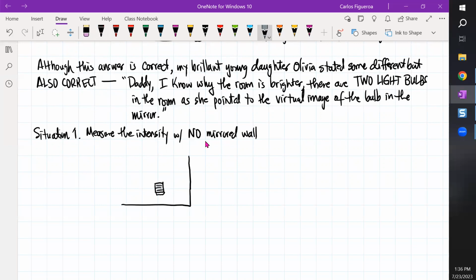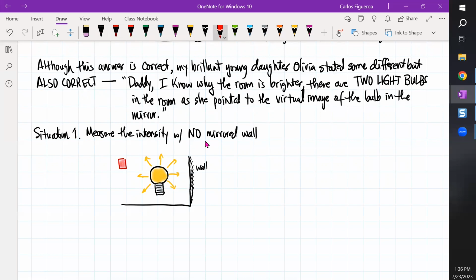This light bulb is emitting light. So if I'm in this room, we want to measure the intensity of the light bulb. Once again, this right here is the wall. Remember, no mirrors. Now I have my light sensor right here.